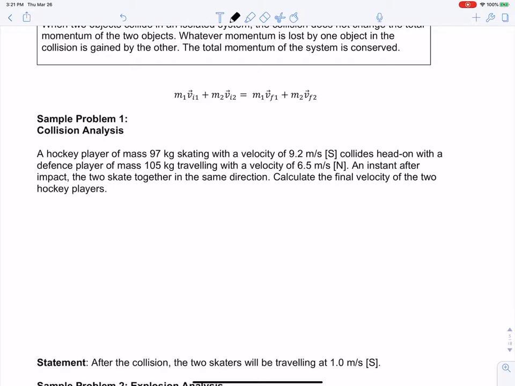So we know that the initial momentum is equal to the final momentum. This is the law of conservation of momentum. So we know that m1 vi1 plus m2 vi2 is equal to m1 v final plus m2 v final.